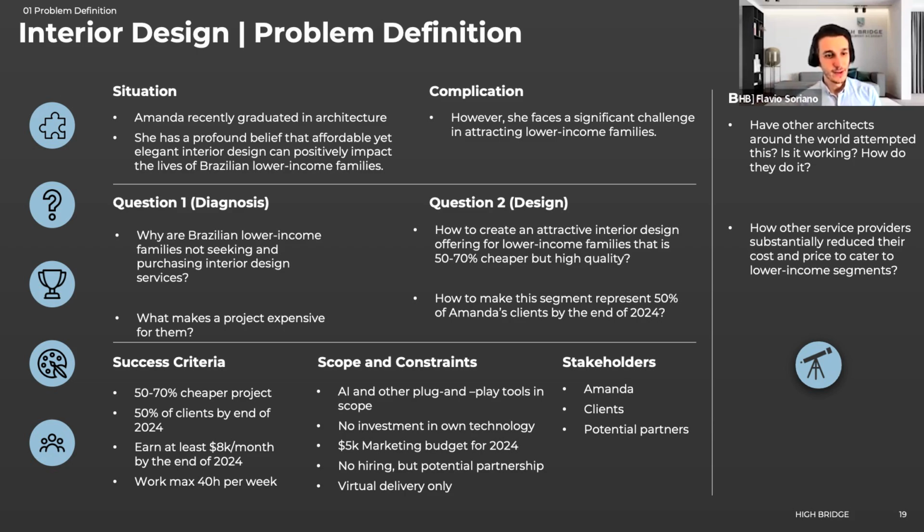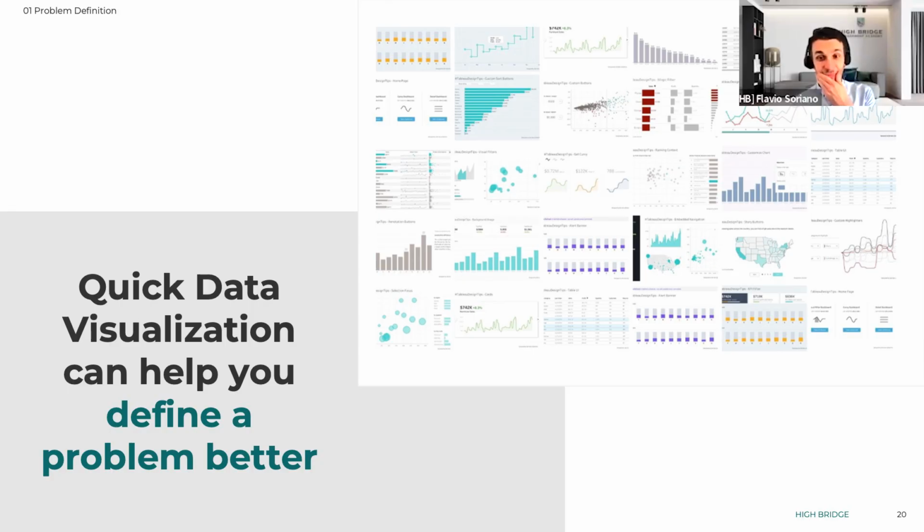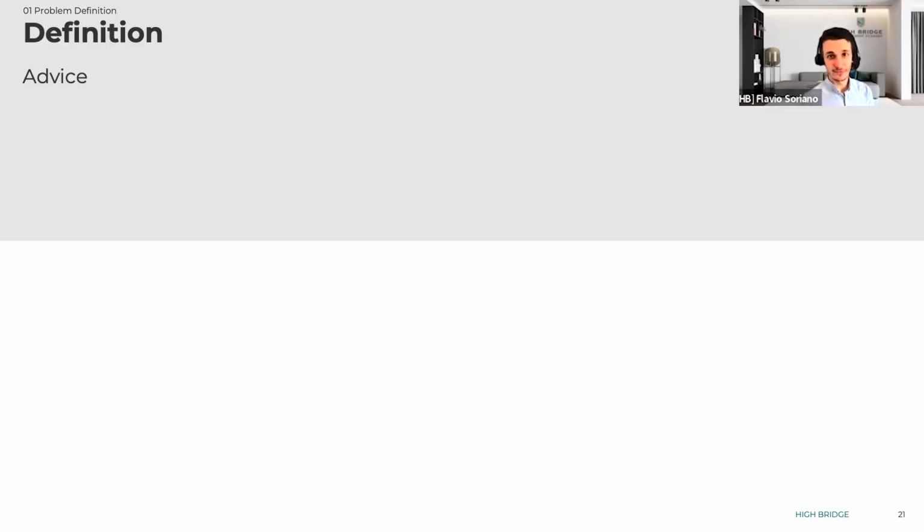Okay, now, when you're defining a problem, sometimes it's good to take a look at the data, but very briefly, just to have an idea and to learn a bit more, or even have conversations, of course, right? Data visualization helps, not to deep dive into analysis at this stage, but to gain more insight around the context, so to answer the problem definition.